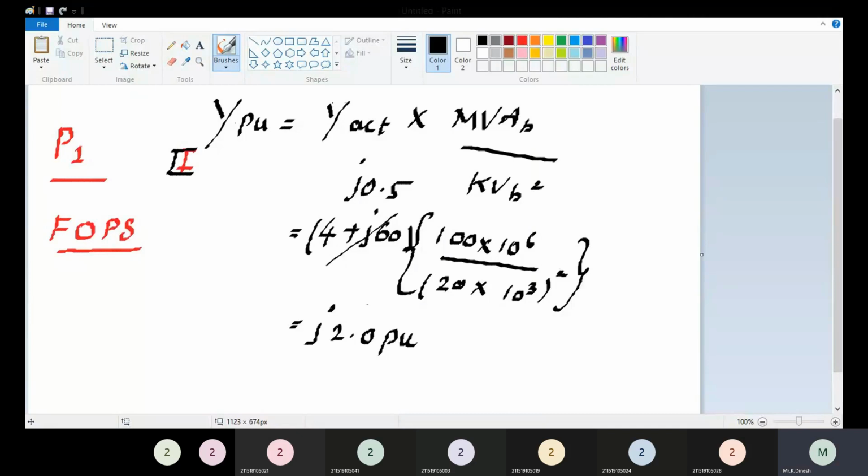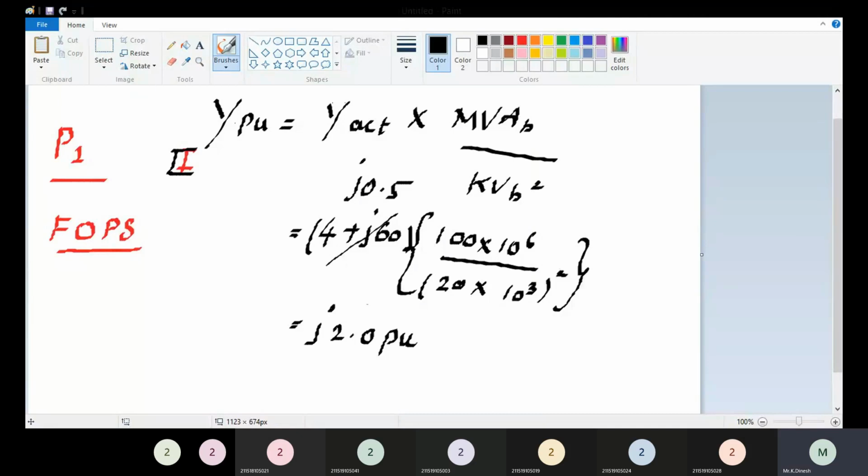The per unit value of the impedance for the base values 13.8 kV and 50 MVA will be. So the alternator base values are given: KVB is 13.2, MVAB is 30, and reactance value is 0.2.